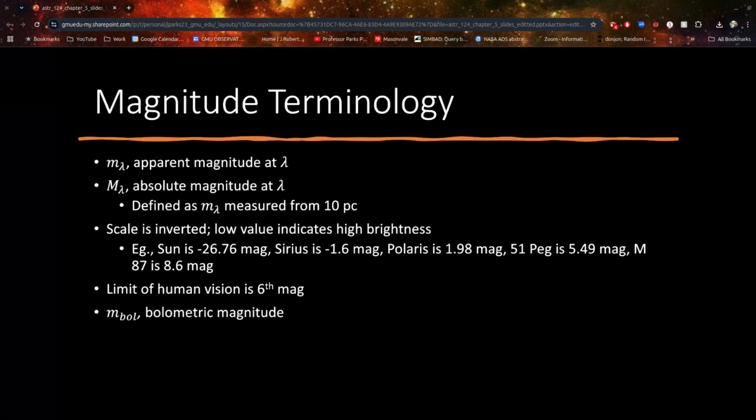We'll get into integrated magnitudes later. Again, the limit of human vision is roughly around 6 magnitude. And then finally, you have what is known as the bolometric magnitude. Bolometric magnitude is the whole shebang. Before I was talking about magnitudes at particular wavelengths; bolometric magnitude is the brightness of the object over all wavelengths.